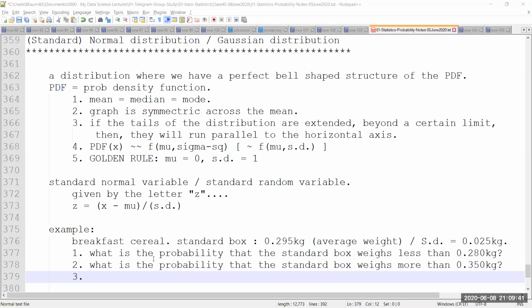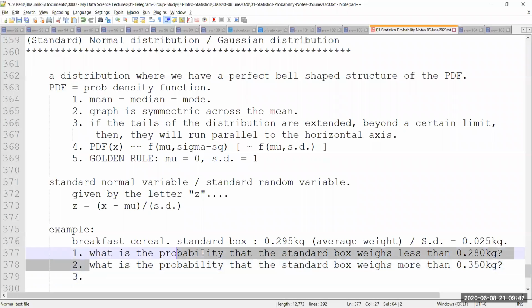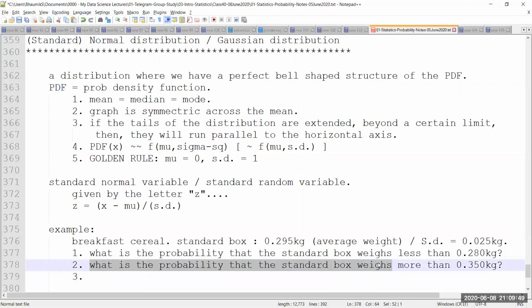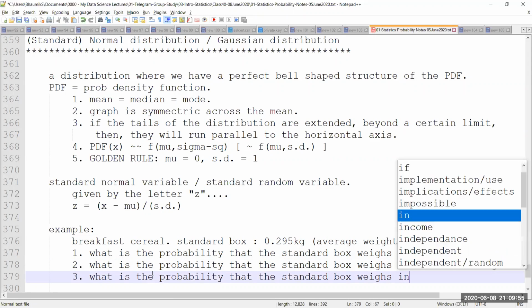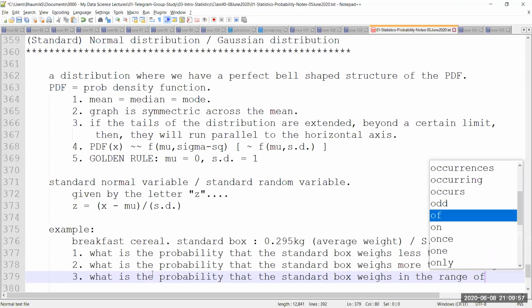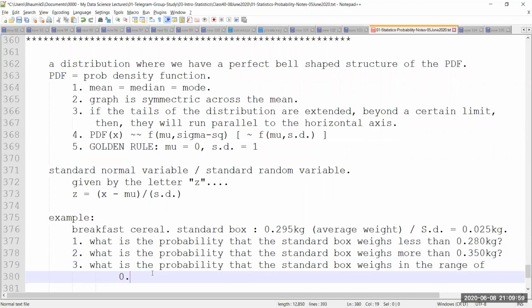Then a kind of general question. I don't want to blame the company. Okay, I know that obviously there can be mistakes. So I will take this range. I will take the weight in the range of, let's say, I don't know, 0.260 kg until 0.340 kg.